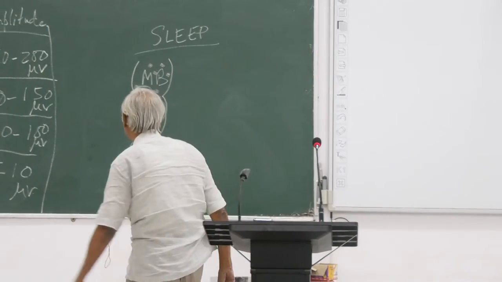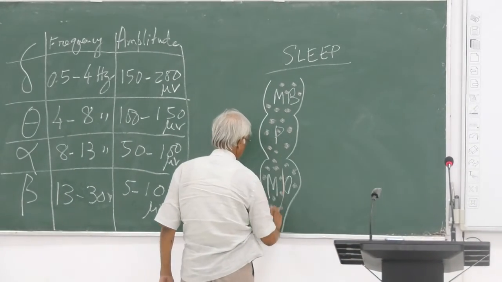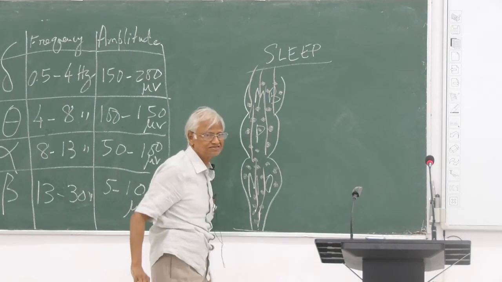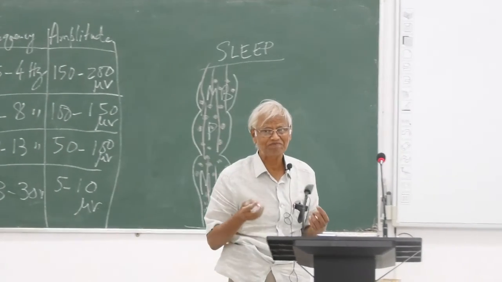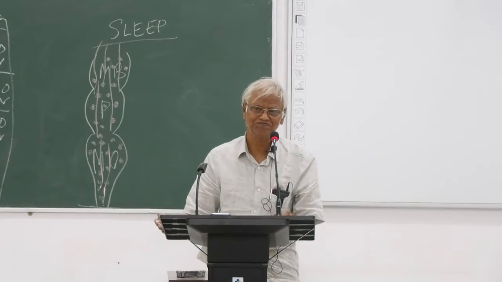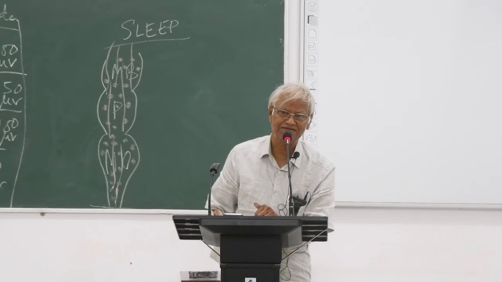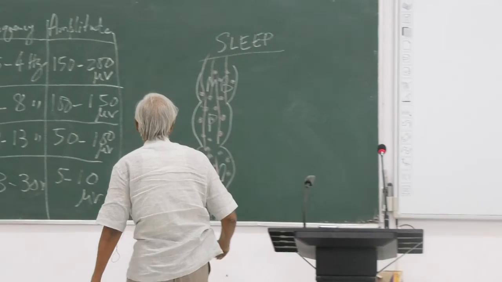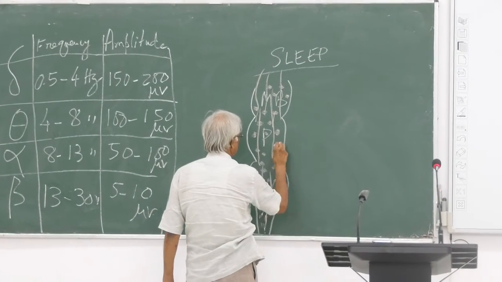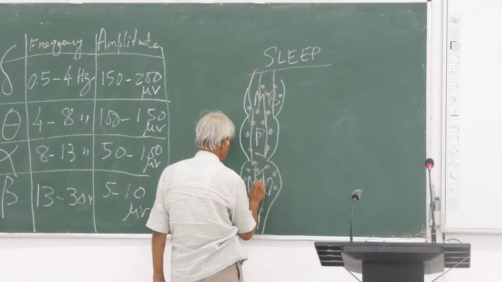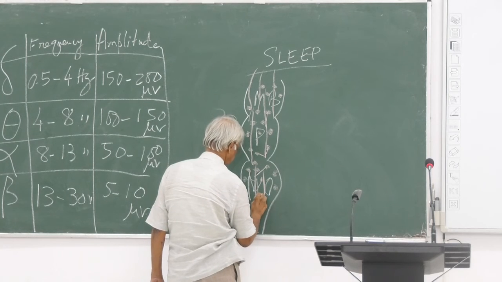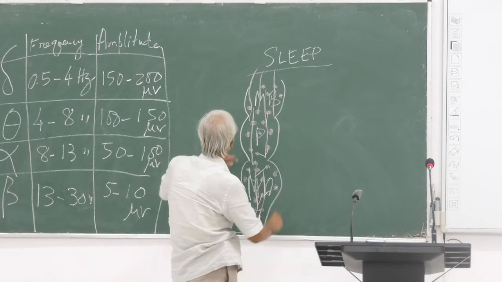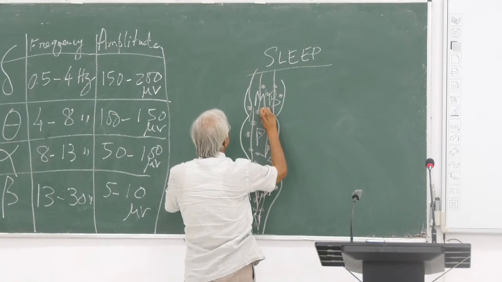Whatever sensory fibers come, they may be pain fibers, touch fibers, pressure fibers, almost all of them go to the thalamus, and before going to the thalamus, in the brainstem, they give some tweaks to the reticular nuclei.